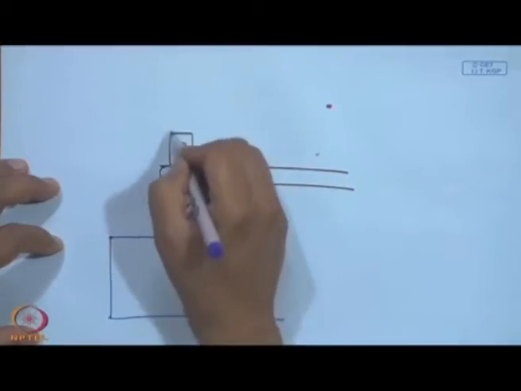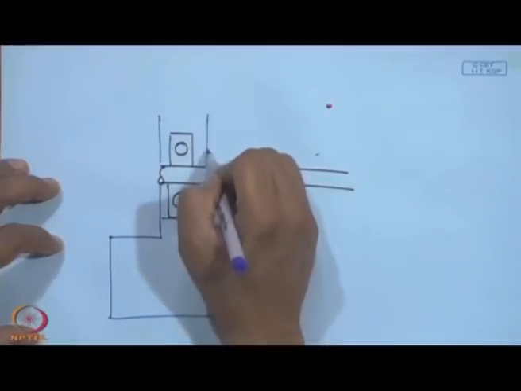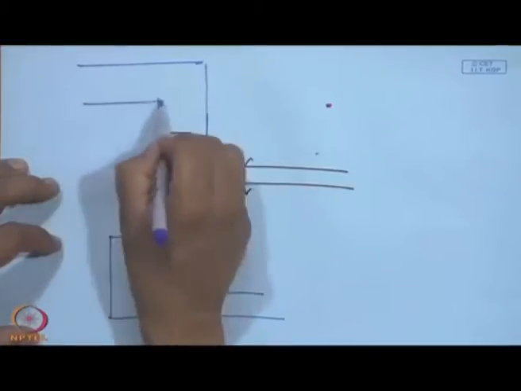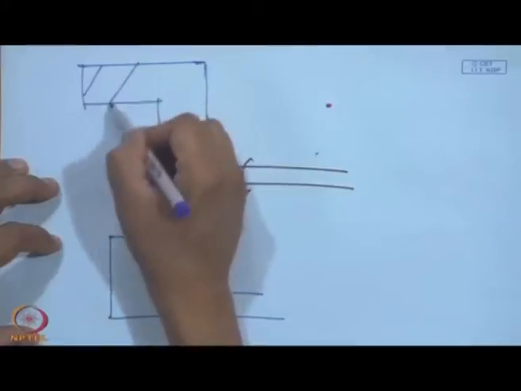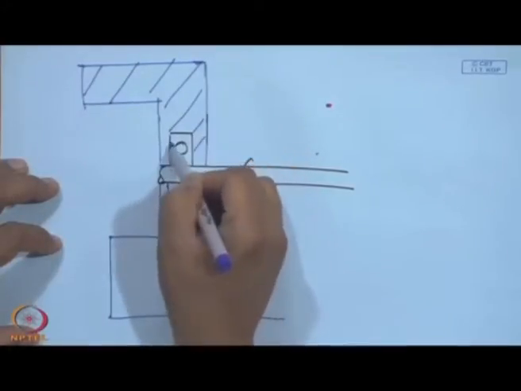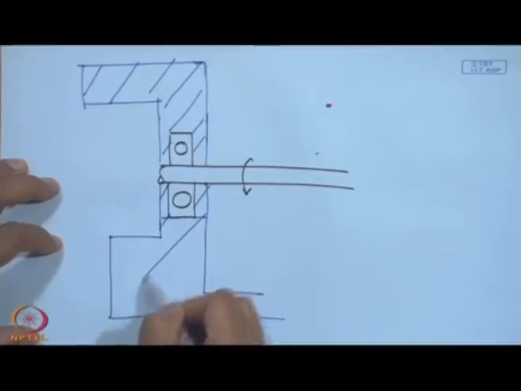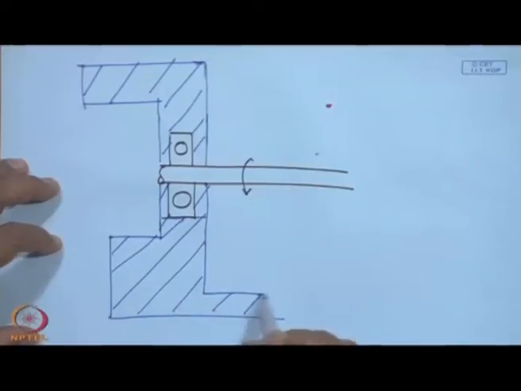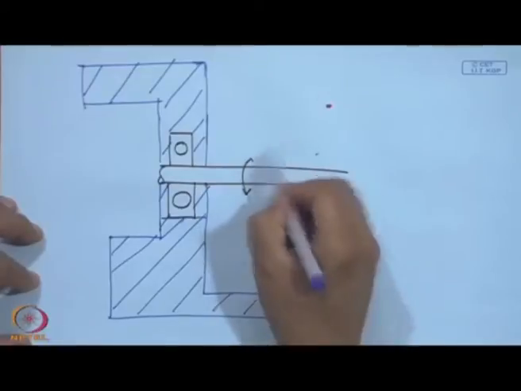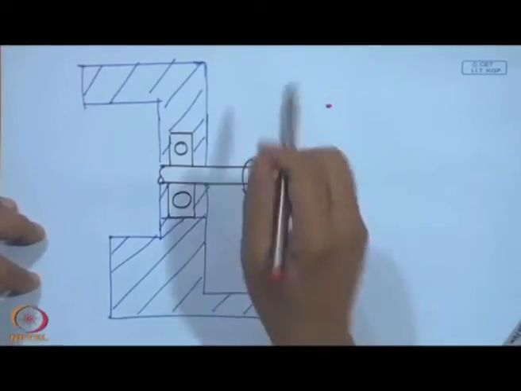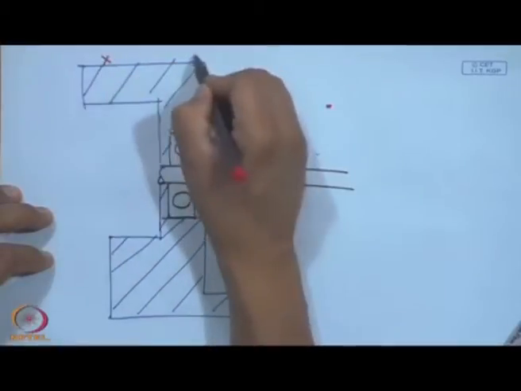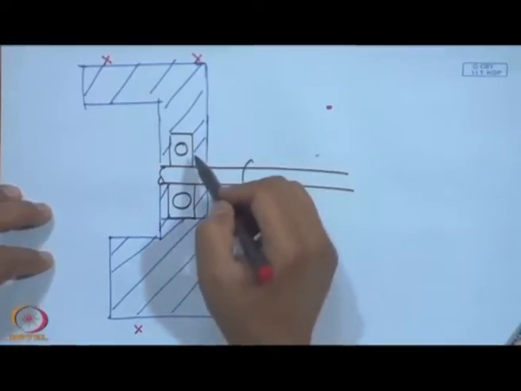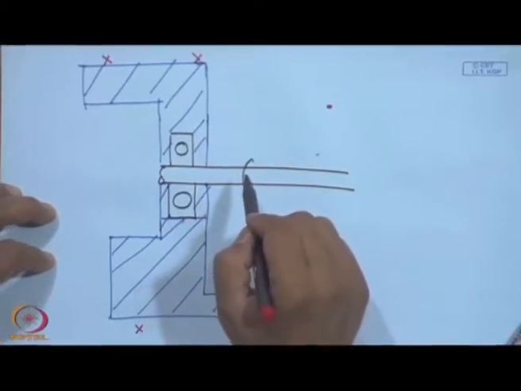Just one view I am drawing maybe. This is some machine component and this is our shaft. See, these are not good locations to put the accelerometers, because they are far away from the dynamics of the system. Okay.